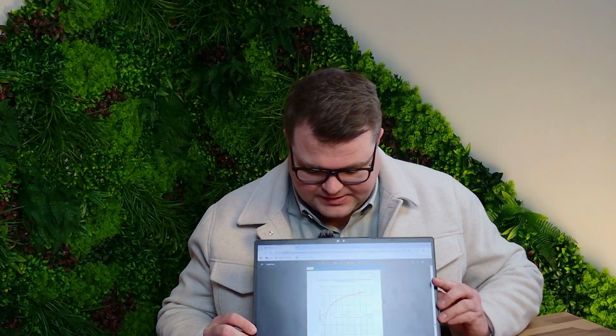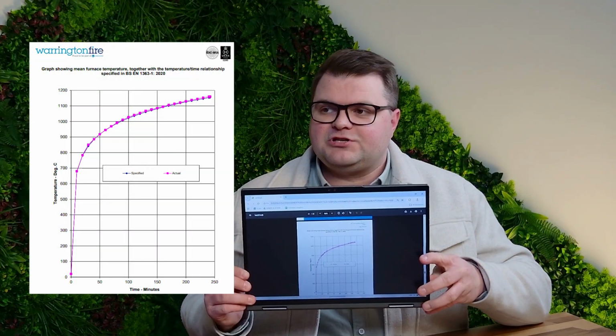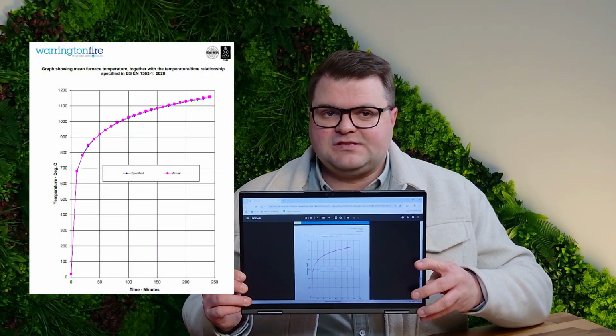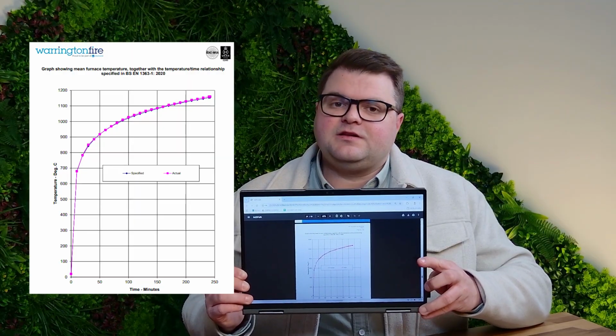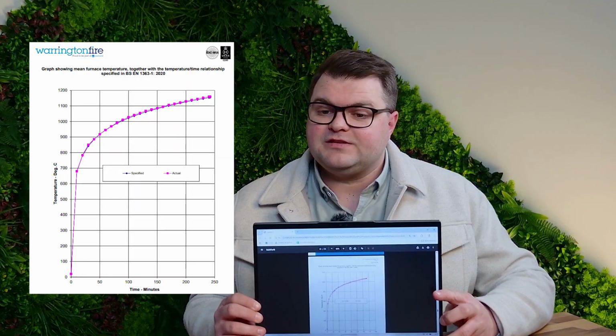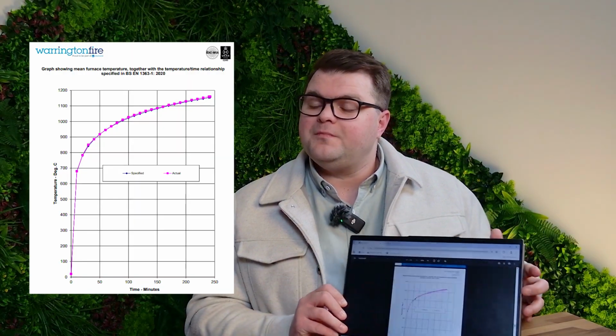Typically there's the time temperature curve, is what we call it. I've actually got an example here of the time temperature graph. This is where you can see the temperature versus the time, and you can see that it goes up to 600 degrees within the first few minutes of testing.